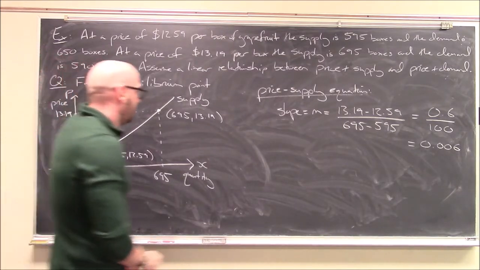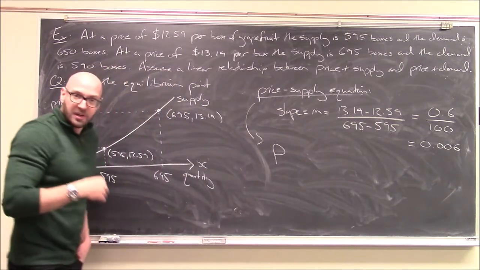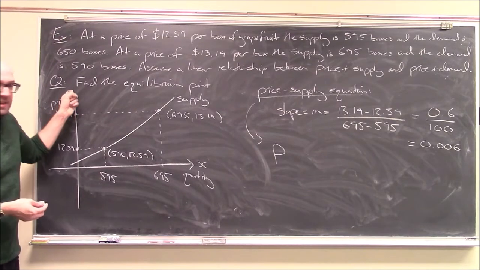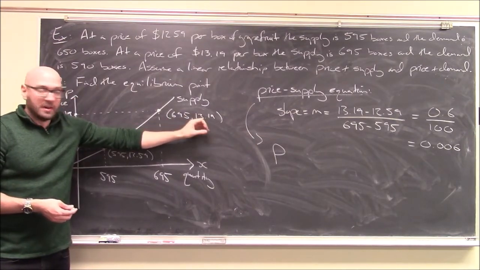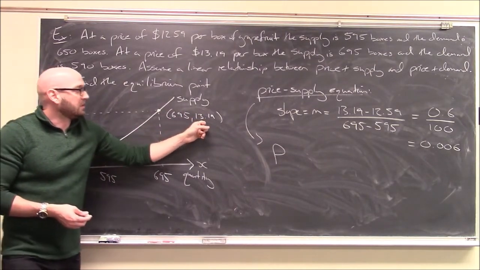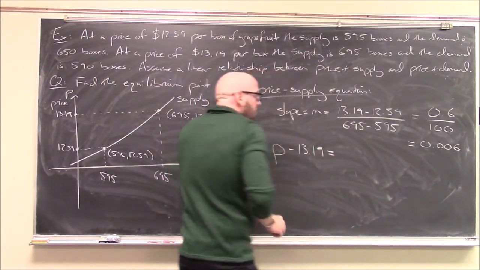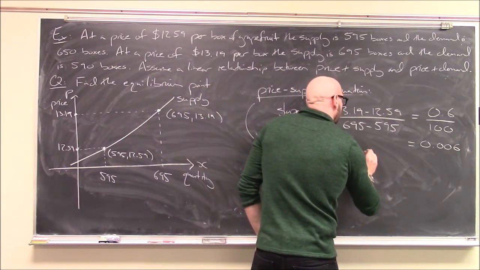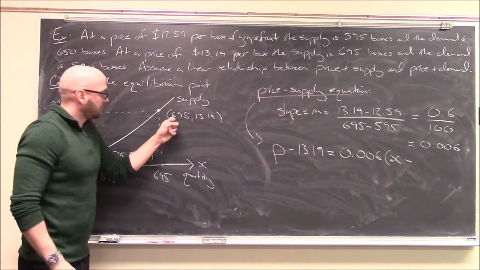So there's our slope, and that means my price-supply equation will be given by the point-slope form. Remember, I haven't called this y, I've called it p, so it's p minus the p-coordinate of any point I want. Let's just choose this point: p minus 13.19 is equal to the slope, 0.006, times x minus the x-coordinate at that point, 695.